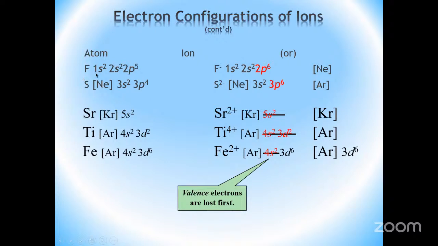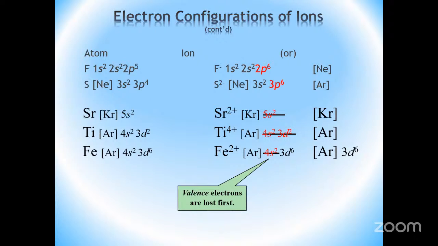And fluorine will gain 1 electron, which will be added to the 2p sublevel, which has 5 electrons. So this sublevel can accommodate 1 more. And you're going to end up with this electron configuration of the fluoride ion, where this here is 2p6, right? And that turns out to have the same electron configuration as neon, which is the nearest group 8 element to fluorine.